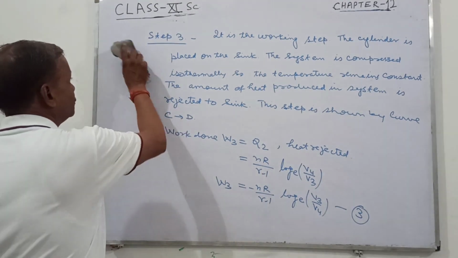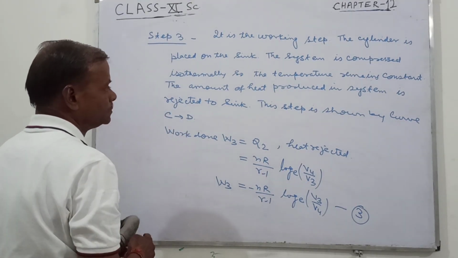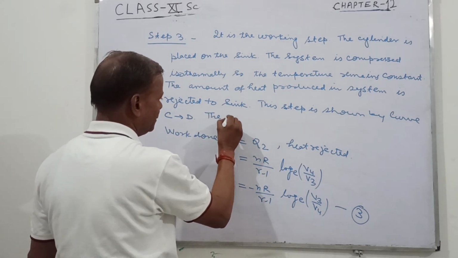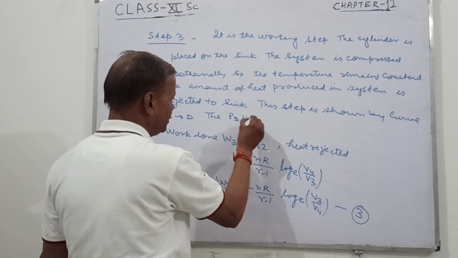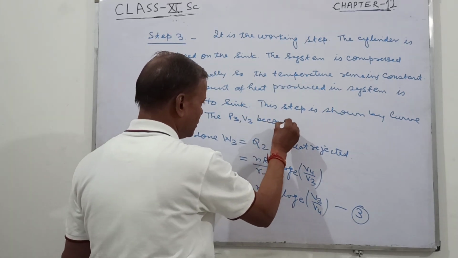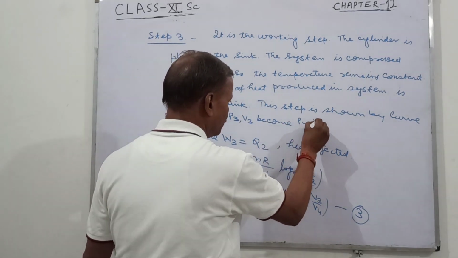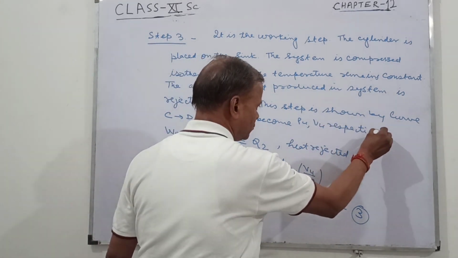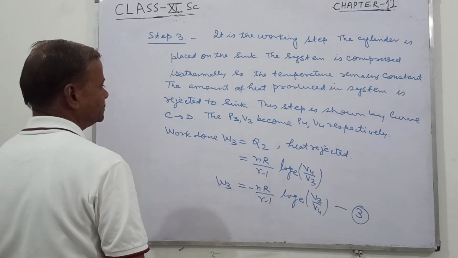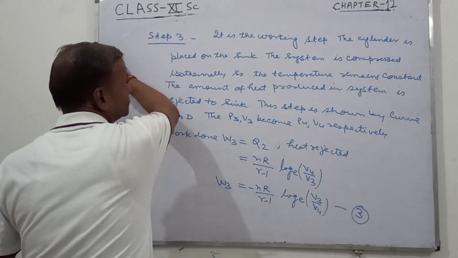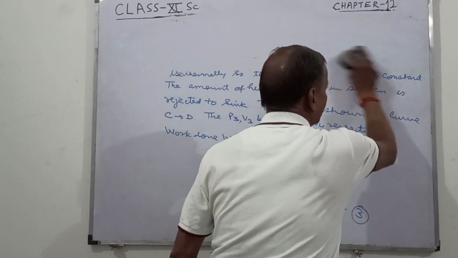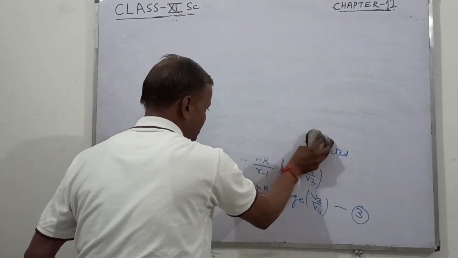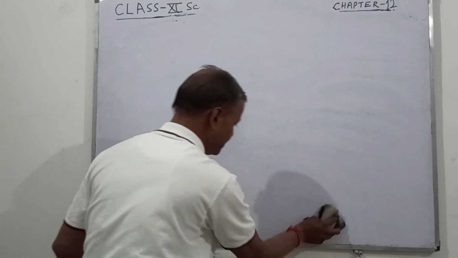And now step 4. The P3 V3 become P4 V4 respectively. Now in this third step we have seen that the temperature of the system has decreased.